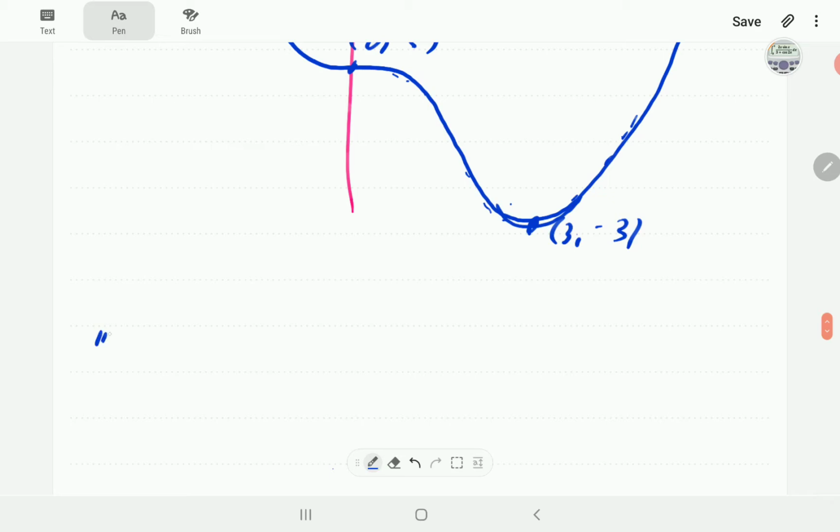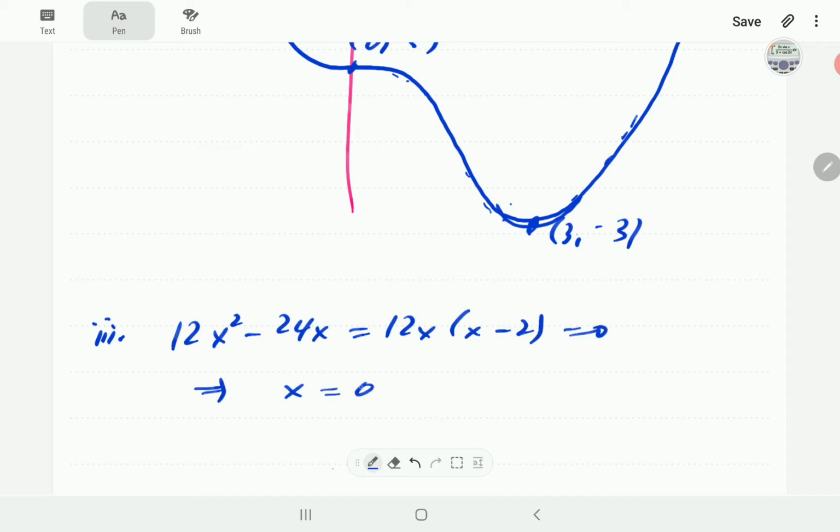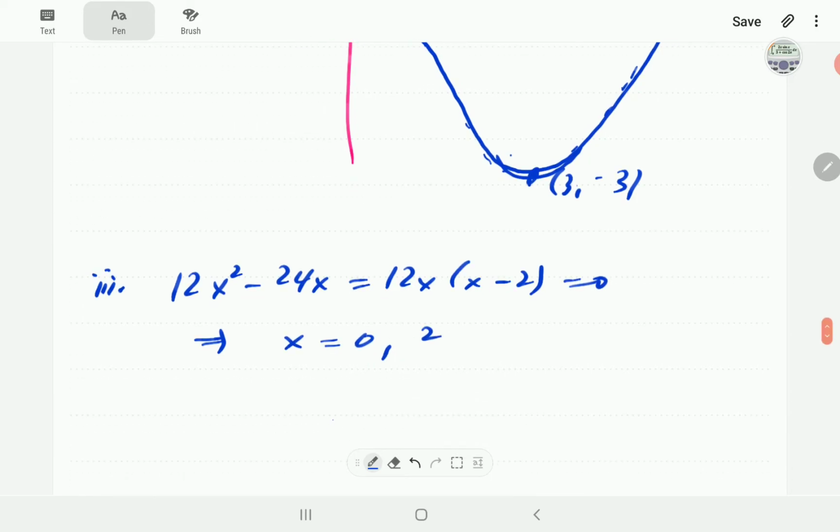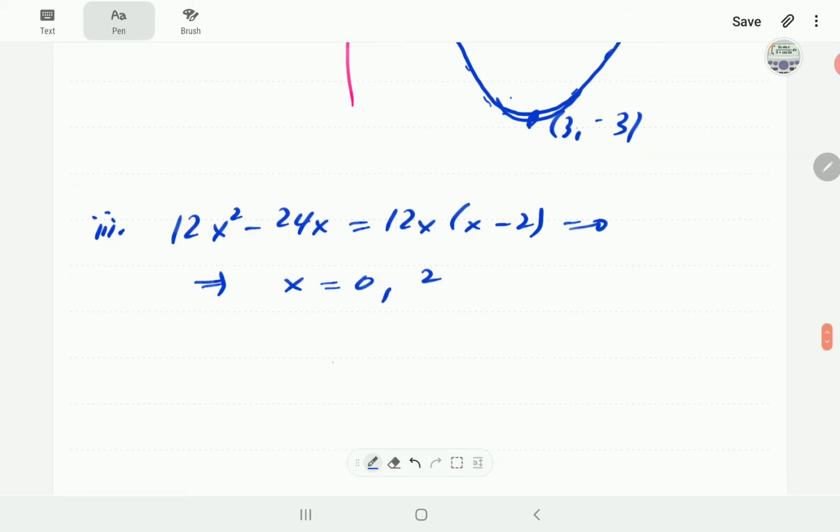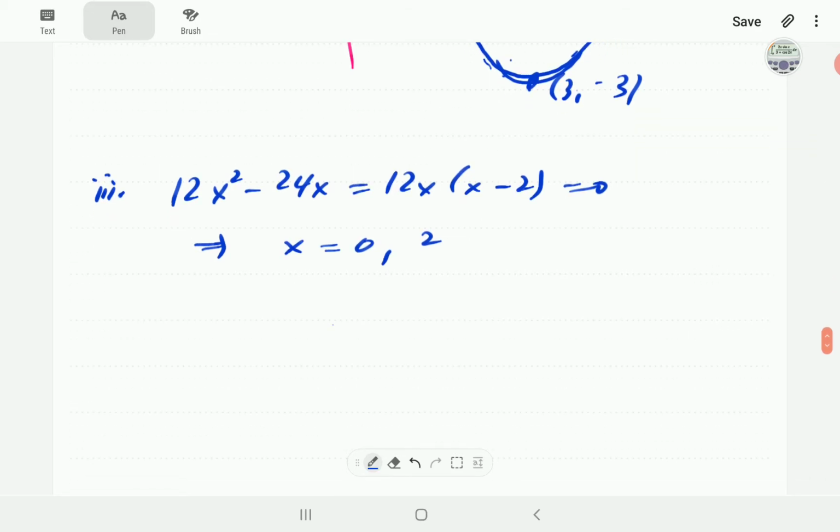So let's see what we get if we take the second order derivative and equate it to 0. The second order derivative is 12x squared minus 24x. Then 12x is common here. So this is telling us that there is an inflection point at 0 and another one at 2. The one at 0 we have already determined through the analysis of part 1.